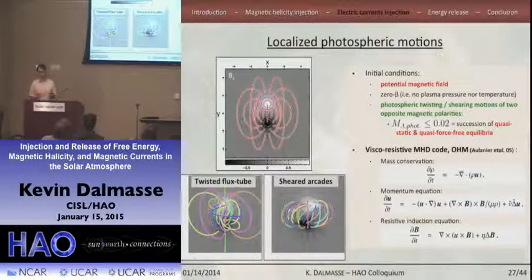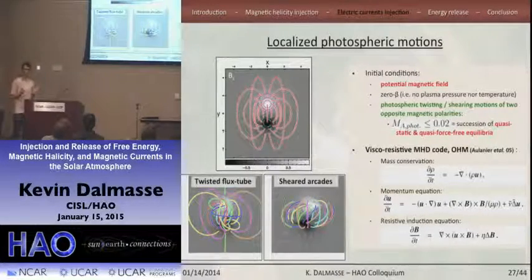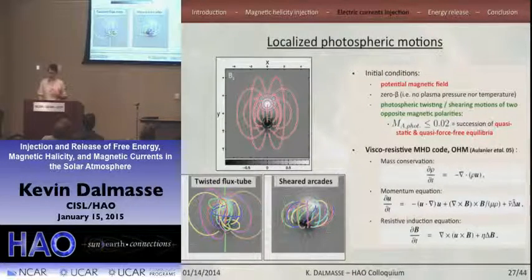I played with this parameter to study its effect on the neutralization of electric currents. In the following, I will only present the results from the twisted flux tubes because of time constraints, but the results and conclusions are valid for both cases, sheared and twisting motions.